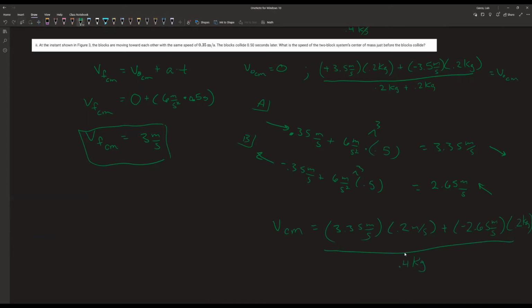And so we do this, let's see here, hopefully we get the same answer, because otherwise I'm a hack. All right, making a mistake, 2.65, 0.2 multiply, subtract, 0.4 divide, and so we get, I feel like I messed up somewhere.